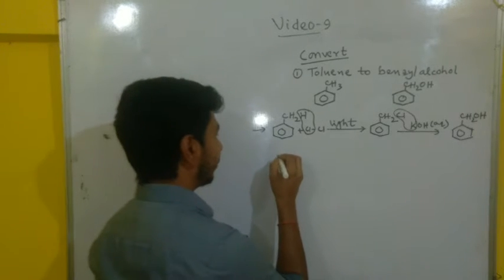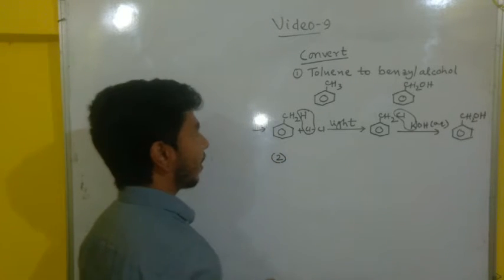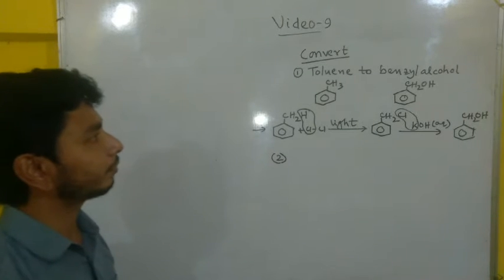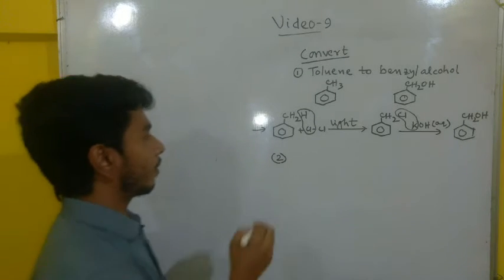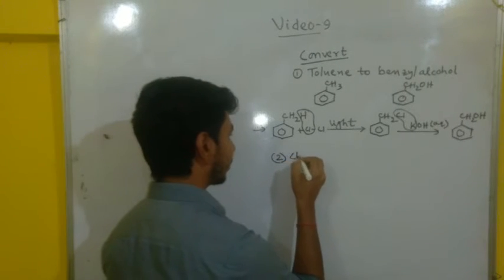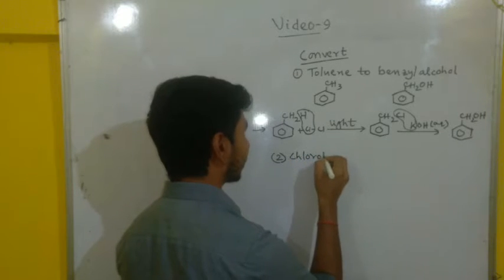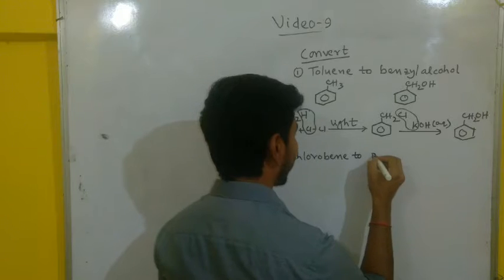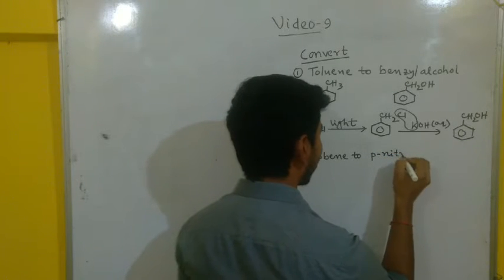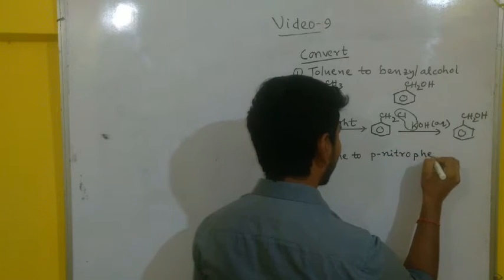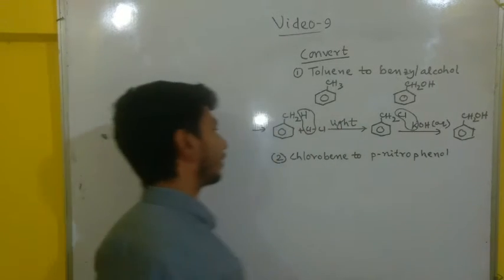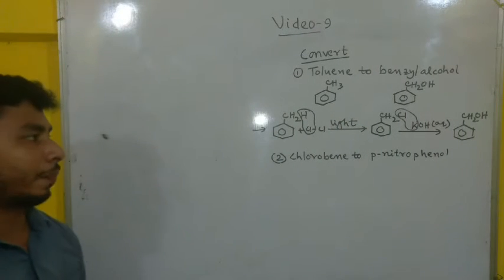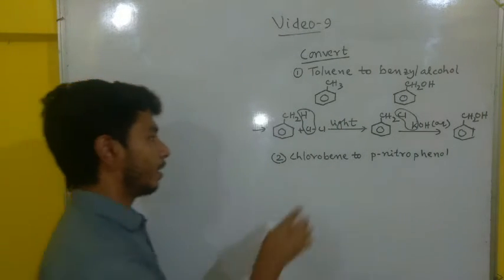Number 2: chlorobenzene to para-nitrophenol.